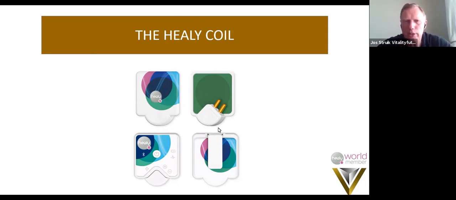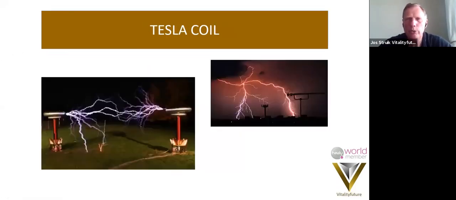The important thing is this circle that you can see, because it's all about the circles inside this thin extra piece of hardware. And to explain it, I first talk a little bit about the Tesla coil.